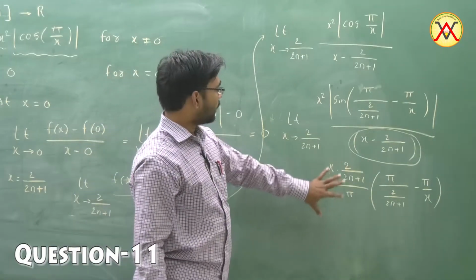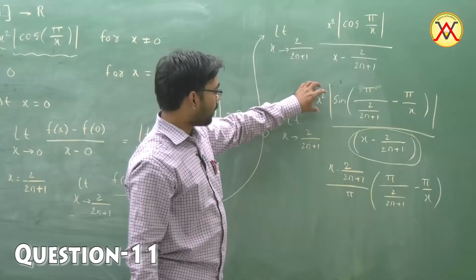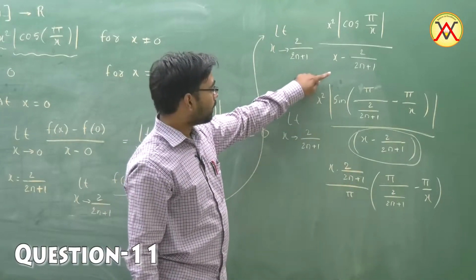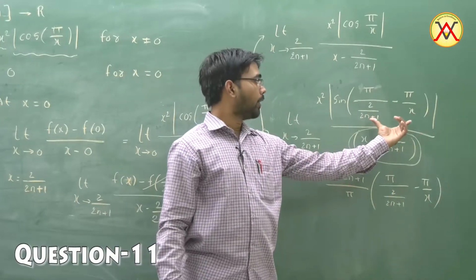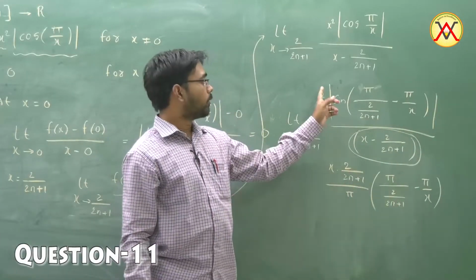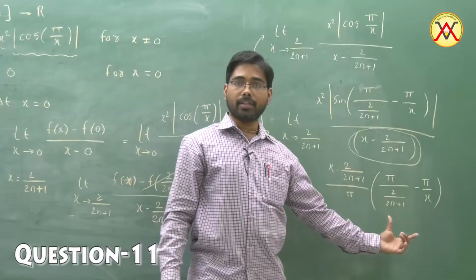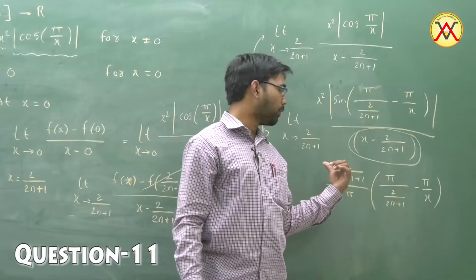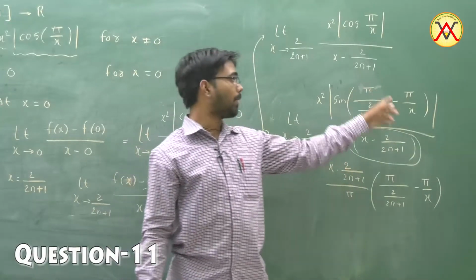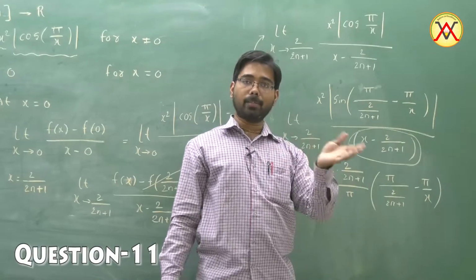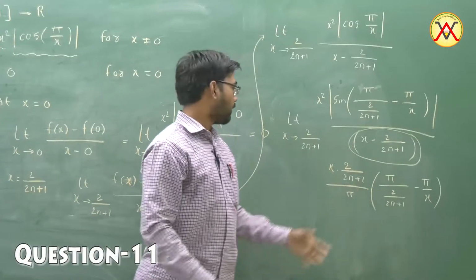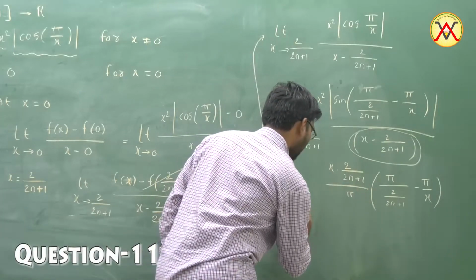Now you see, x will anyway get cancelled, you have x upon something. This limit exists. Now the second part of the limit is modulus of sine h upon h, where h is tending to 0. We know the limit of mod of sine h upon h does not exist. If you approach 2 by 2n plus 1 from the plus side, you will get plus 1, and from the minus side, minus 1. So this limit does not exist. So ultimately the whole limit does not exist.